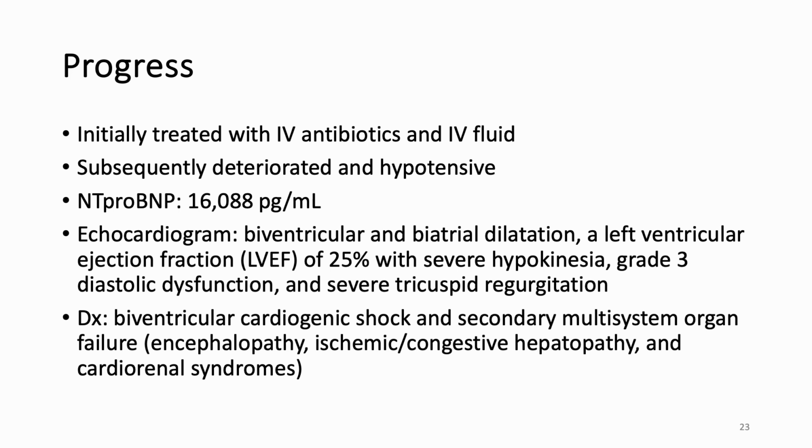and biatrial dilatation, an LVEF of 25%, which is low, with severe hypokinesia, grade 3 diastolic dysfunction, and severe tricuspid regurgitation. Putting all this together, the second diagnosis was biventricular cardiogenic shock and secondary multisystem organ failure with encephalopathy, ischemic and congestive hepatopathy, and cardiorenal syndrome.